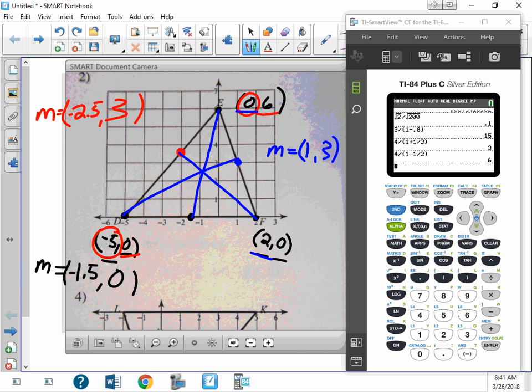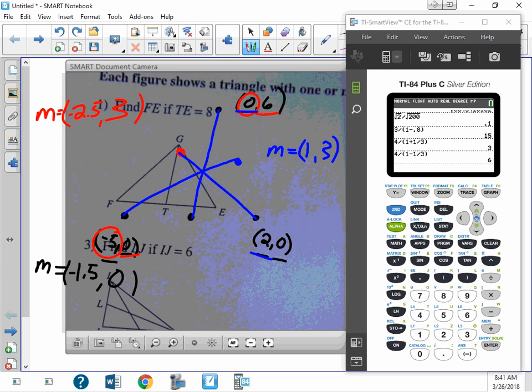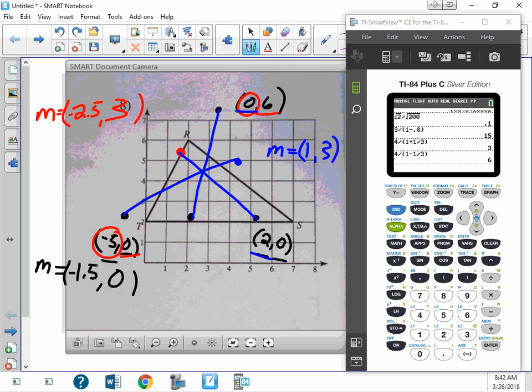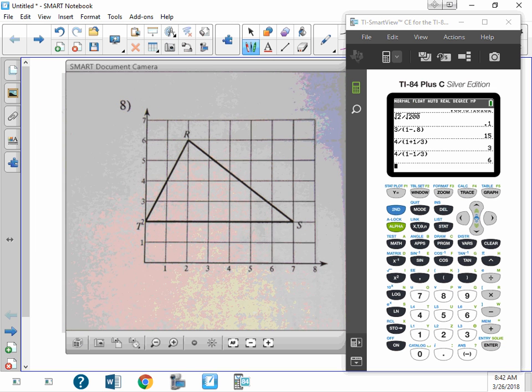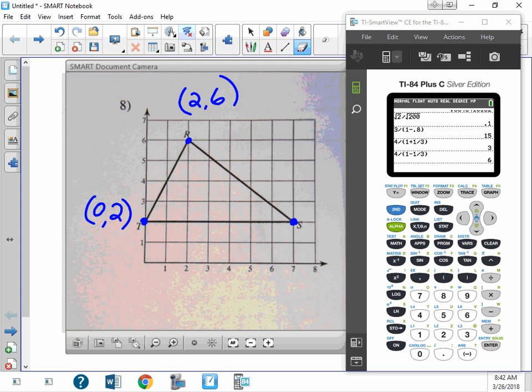Okay, let's turn the page. Let's do number 8. I need to list all of the points. This is 0, 2. This one is 2, 6. And this one is 7, 2, sorry.